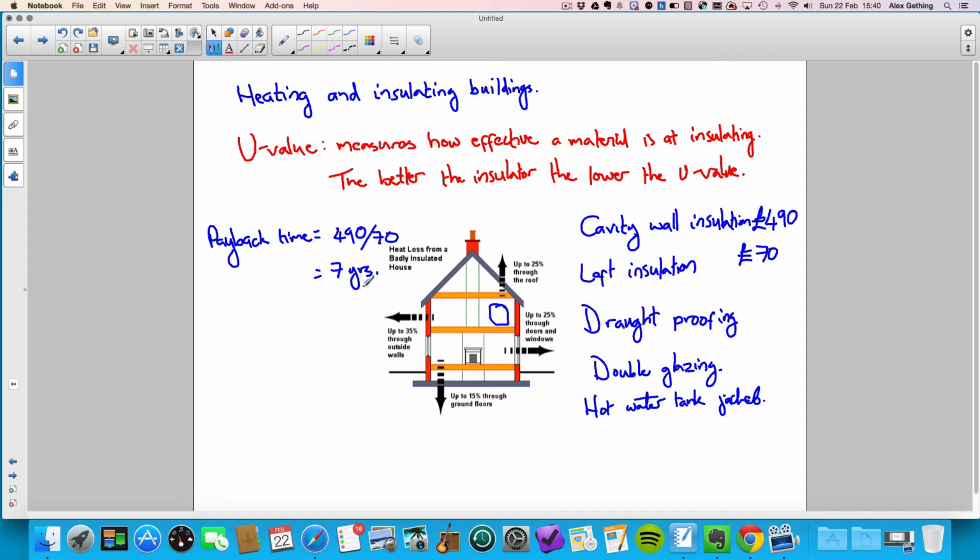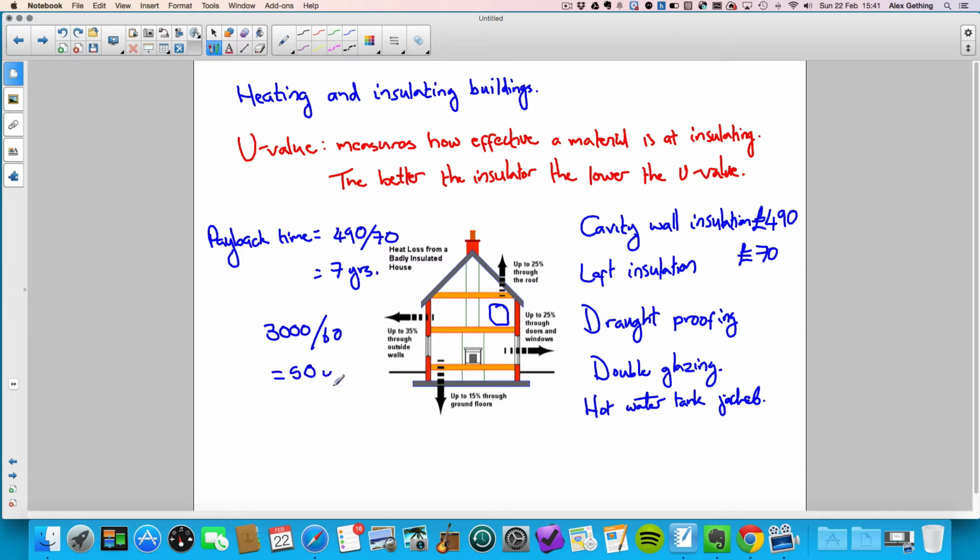Most cost-effective methods are those which are the cheapest to install, because they would have a very short payback time. So something like double glazing for, I guess, an average sized house might cost something like £3,000, which might save you £60 a year, let's say.